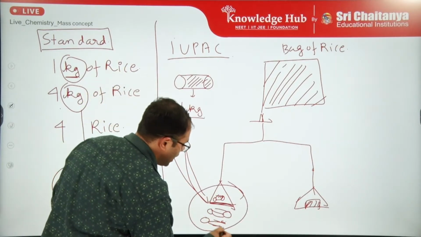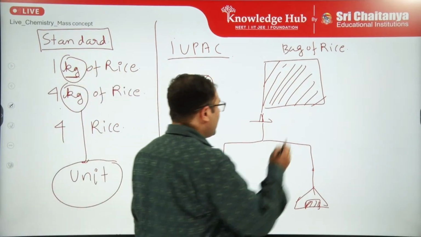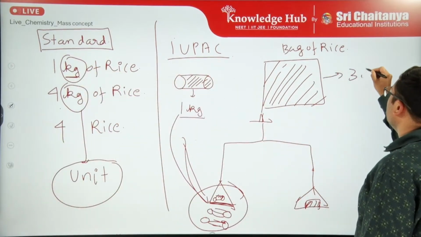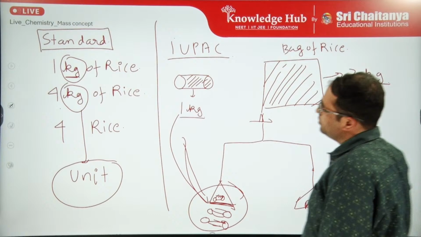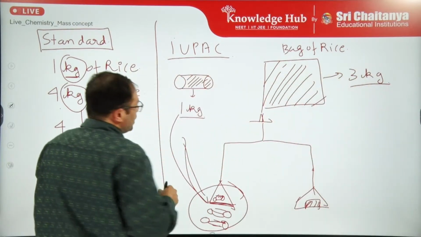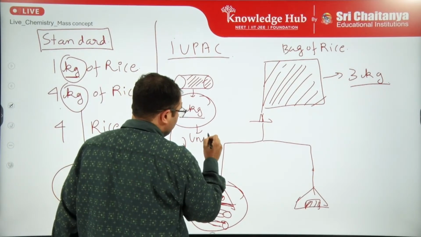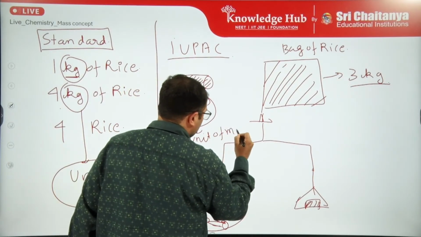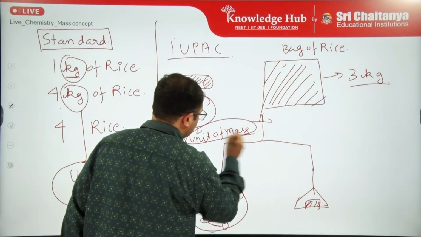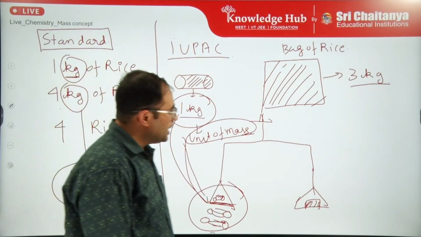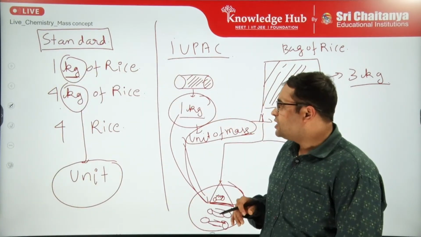Like suppose here I kept 3 cylinders, and then I can say that this bag of rice is 3 kgs, right? That is the actual weight. So this kg is actually a unit of mass, right? That is the concept of units.